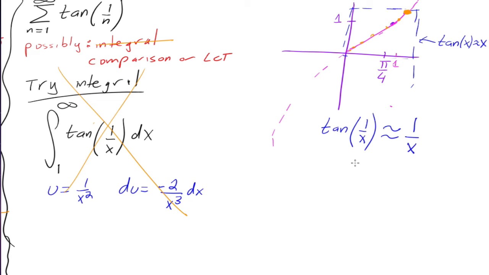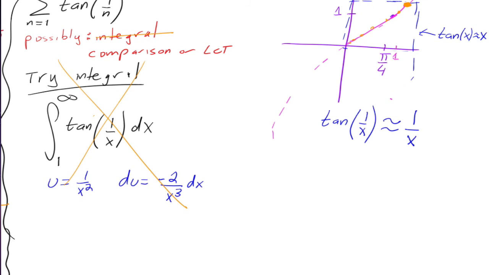If you're going to use the comparison test, you have to be able to show the inequality. So you have to show that tangent of 1 over x is either greater or less than 1 over x, depending on what you're trying to show. Is that easy to show? No, right? Okay, so we're going to use the limit comparison test.